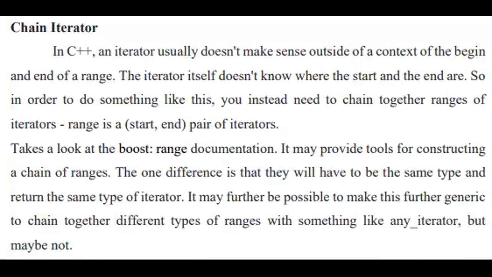In CPP, an iterator usually doesn't make sense out of the context of the beginning and end of a range. So if you are to iterate in CPP, you have to set the range for the data, like using for loops and while conditions, for example 1 to n, where we assign n to some value like 10 or 100. Likewise, to iterate over linked data structures, you have to set the range using the start and end of the linked list, like the iterator.